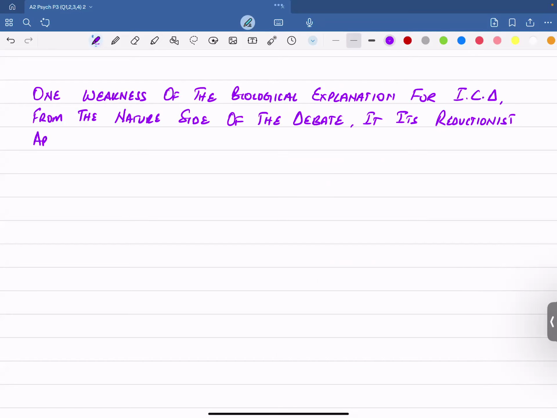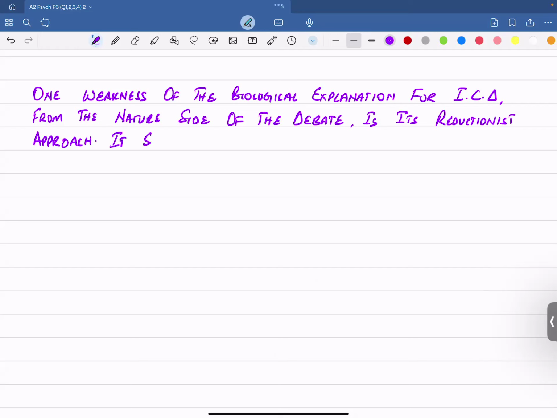Let's not get confused with the word nature over and over again. So, one weakness of the biological explanation for impulse control disorders from the nature side of the debate is its reductionist approach.